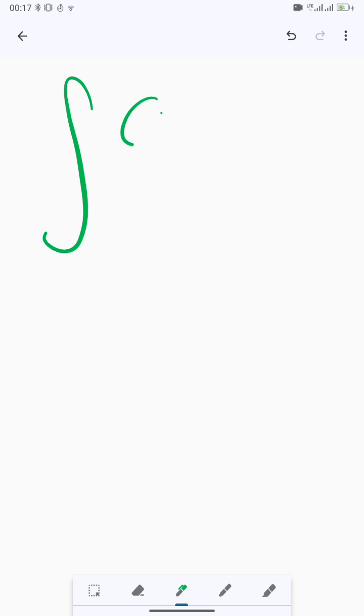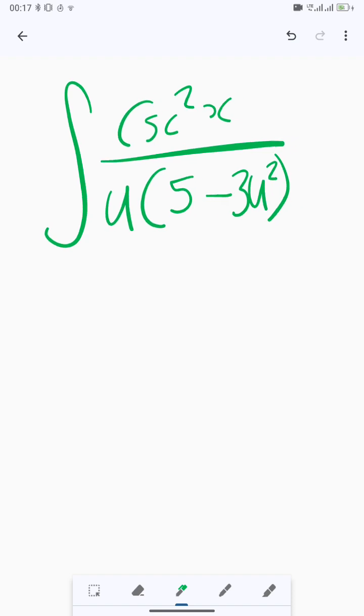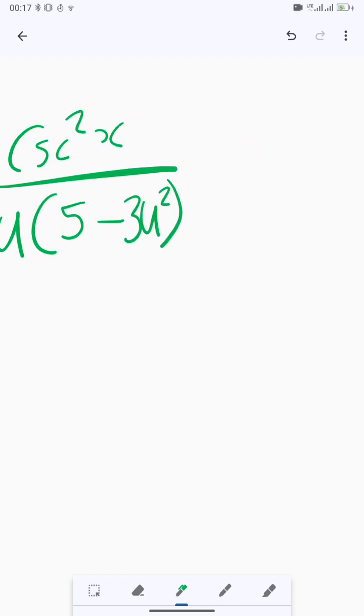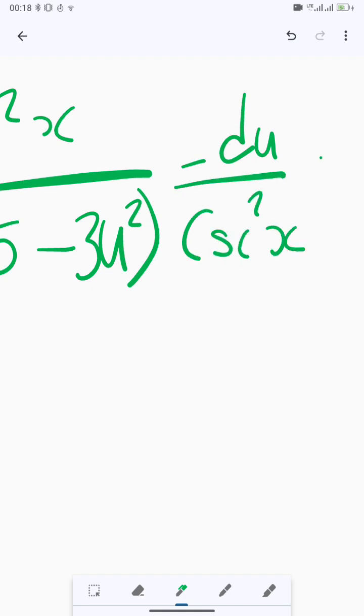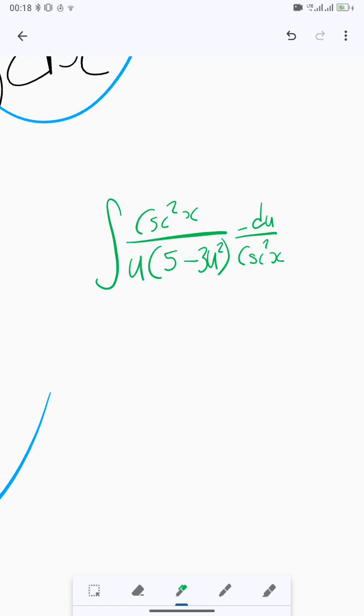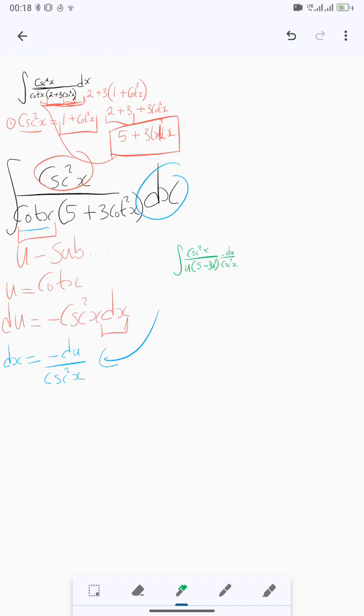So at the top I still have cosec x, and then remember my u as cot x, so I will be having u here, then 5 minus 3u squared, and then remember I said that dx is equal to negative du over cosec squared x. This is how to do u substitution.